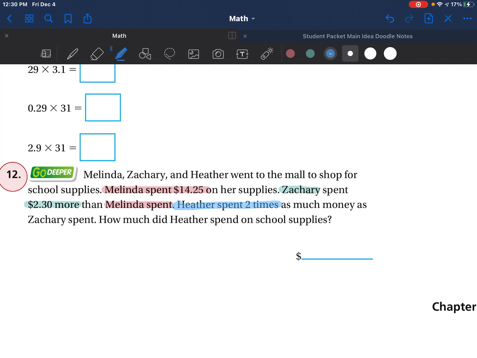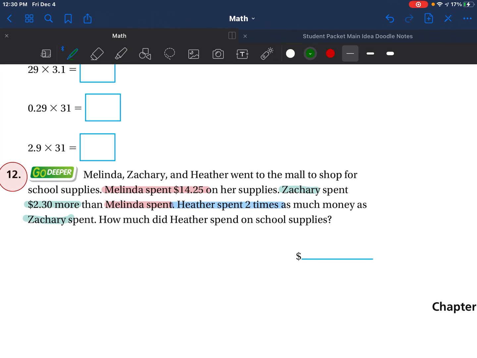And Heather spent 2 times as much as Zachary. How much did Heather spend on school supplies? So they really don't care what Zachary spent. They want the answer of Heather, but we have to solve Zachary in order to get there. You don't have to draw the diagram for this if you don't want to. If I think it helps, but you don't, it's not necessary.